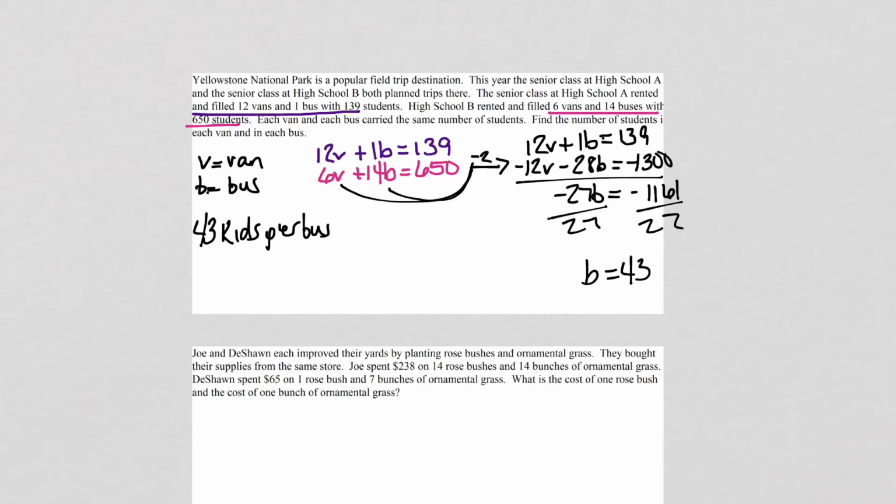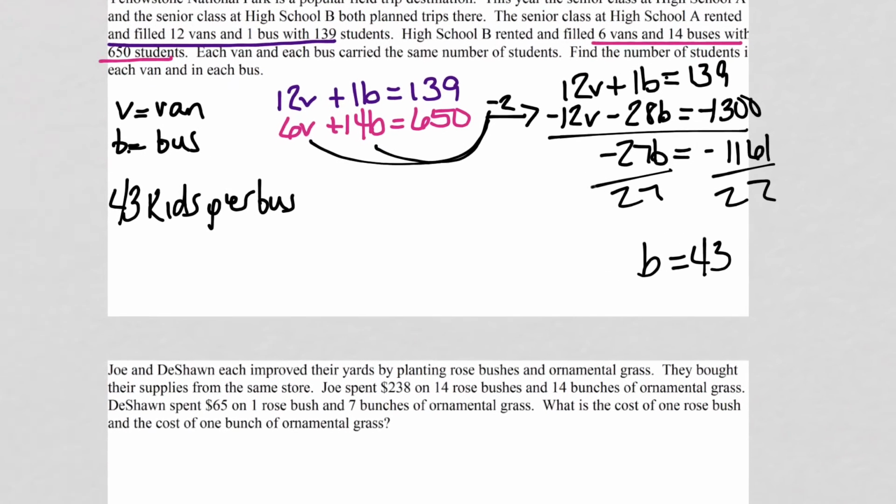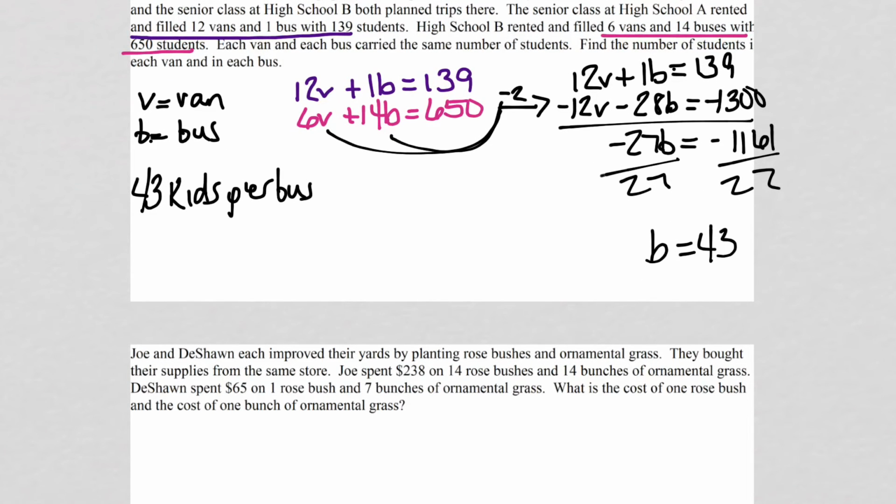Now I need to go back and find how many students can go in a van. So I'm going to use my purple equation because it has the smaller numbers. So I have 12V plus the 43 kids per bus equals 139.